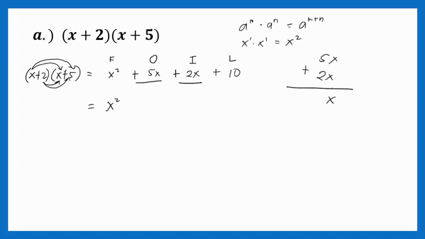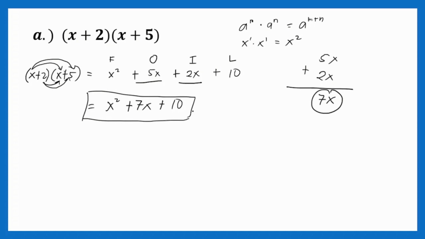Alright, just bring down the variable, tapos ipag-plus mo lang kung ano yung number coefficients nila. 5 plus 2, the answer is 7. Kapag pinag-combine ito, the answer is positive 7x. Tapos, bring down yung 10. Alright, and this is now the final answer.